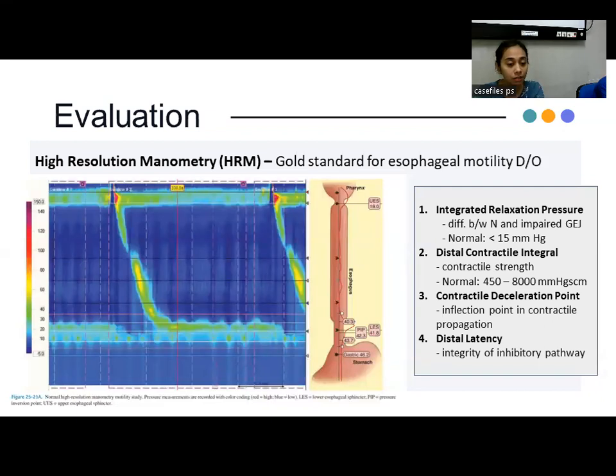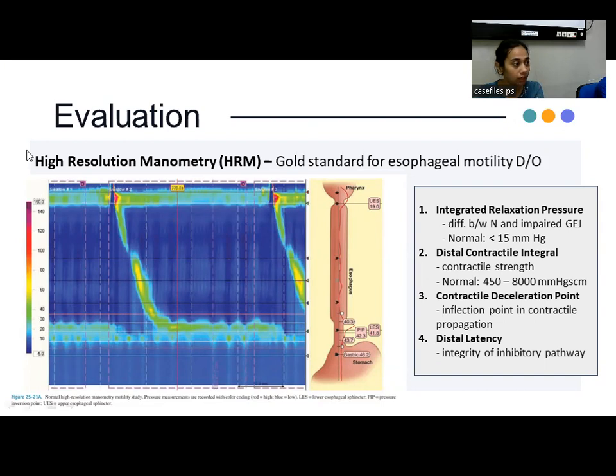This particular graph is a study of a normal high resolution manometry study. In this, the x-axis correlates with the time and the y-axis correlates with the different parts of the esophagus. The pressures that are recorded are color-coded, ranging from the low pressure of blue to high pressures of red and violet.